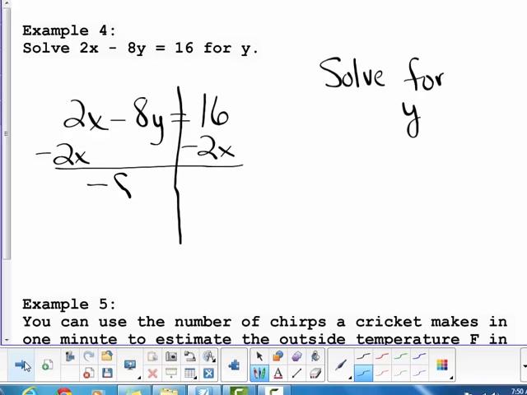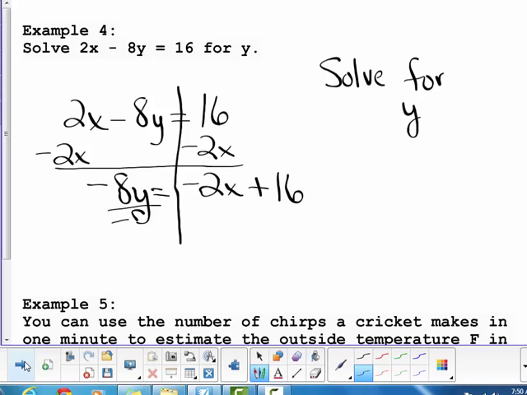So I have negative 8y equals negative 2x plus 16. Notice that I put the x term first. So when I'm finished, this is going to model the equation y equals mx plus b. Hopefully you all know what I'm talking about. Y equals mx plus b.